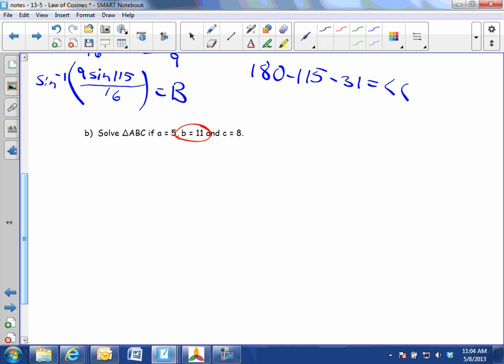How would I set it up to solve for angle B? B is opposite the long side. Right.